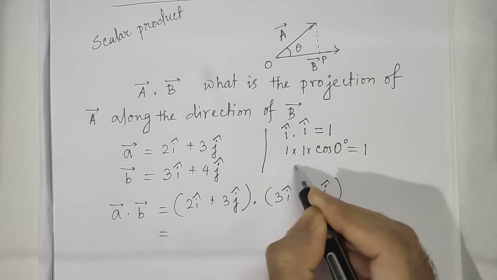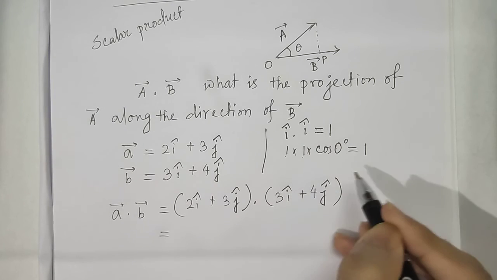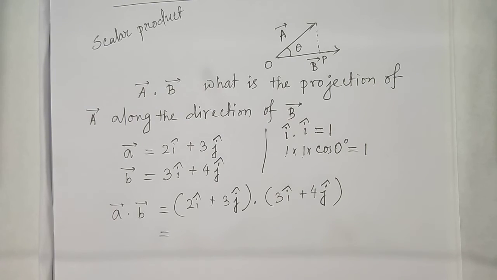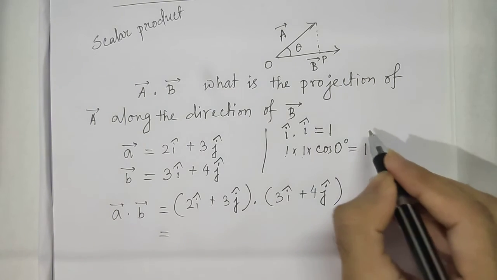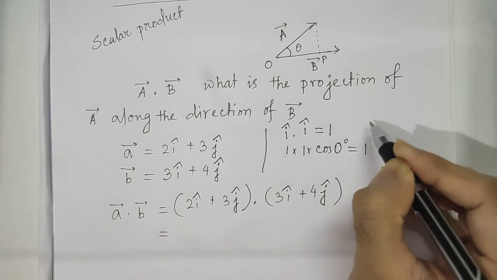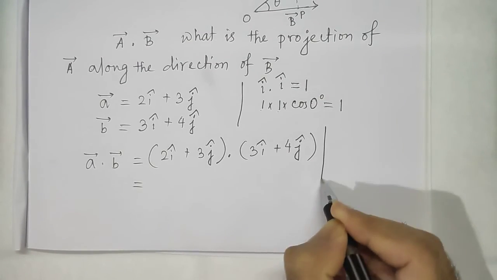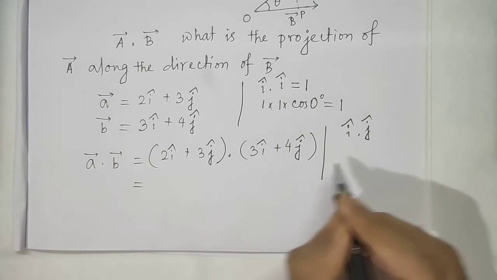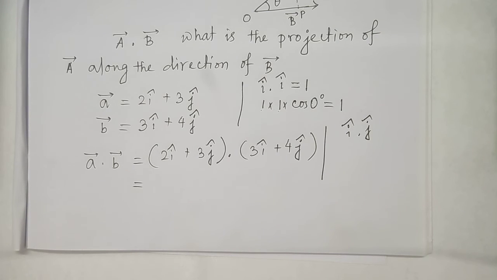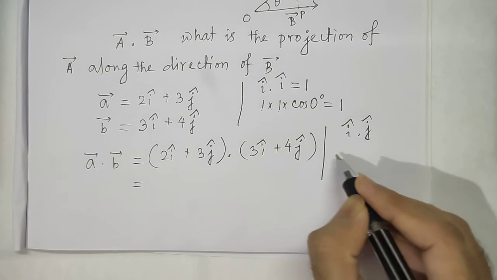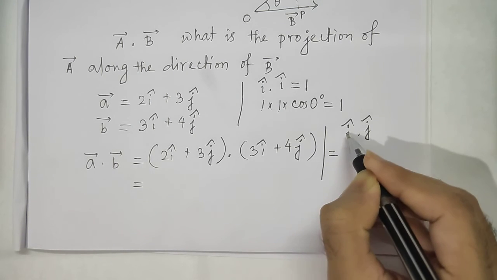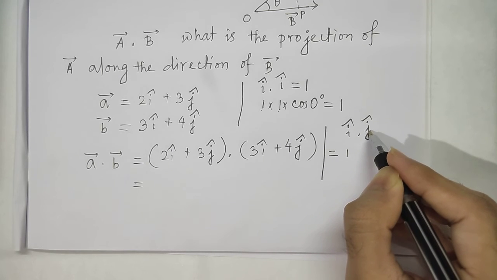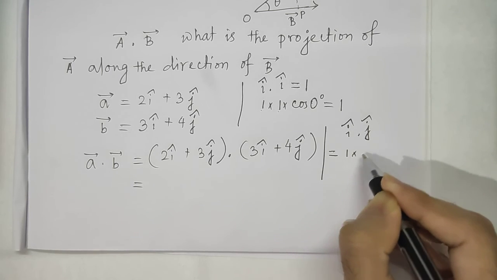Similarly, j cap and k cap have the same results. Now we have to do one more thing. What will be the value of i cap dot j cap, or similarly j cap dot k cap, etc.? Let's find out. The magnitude of i cap is 1, and the magnitude of j cap is also 1.